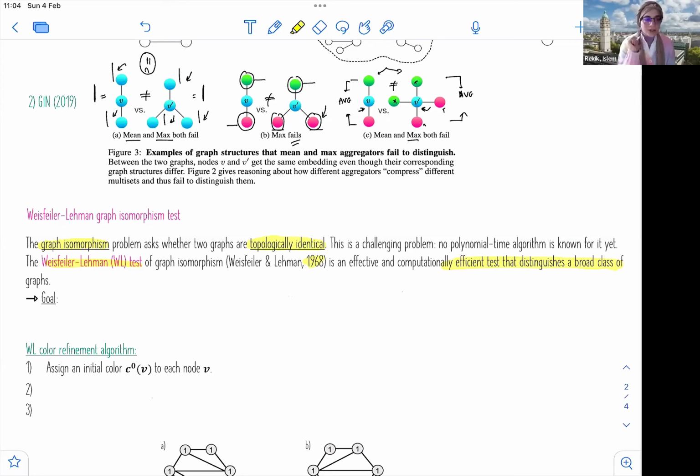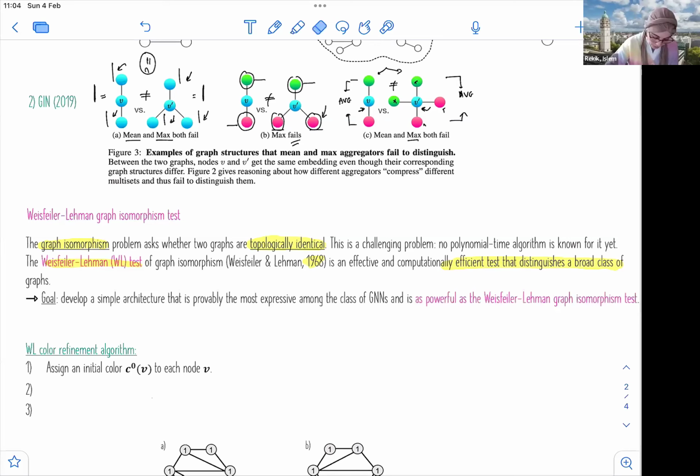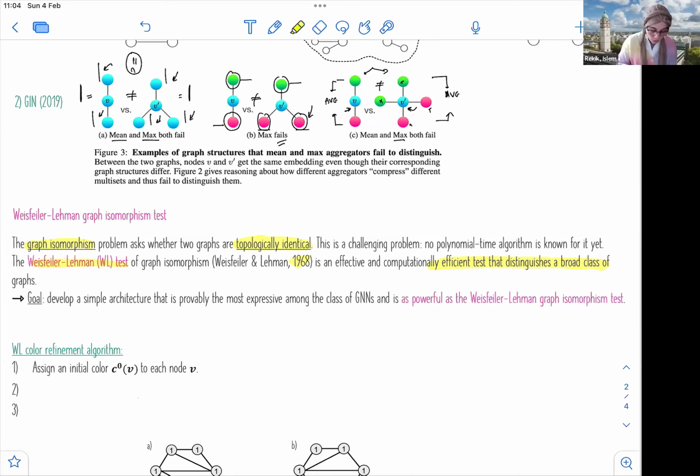So our goal, using this historical test, we can formalize in this way: we want to develop a simple architecture that is provably the most expressive amongst a class of GNNs, and that is as powerful as the WL graph isomorphism test.